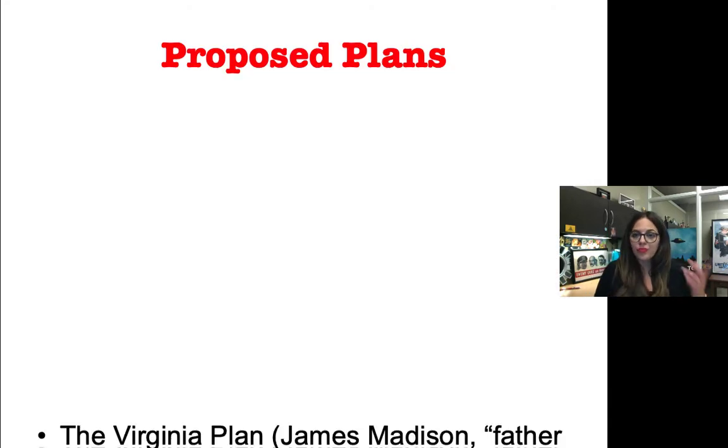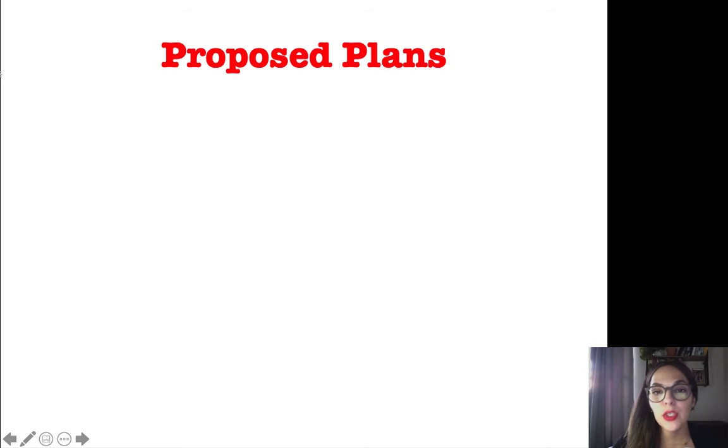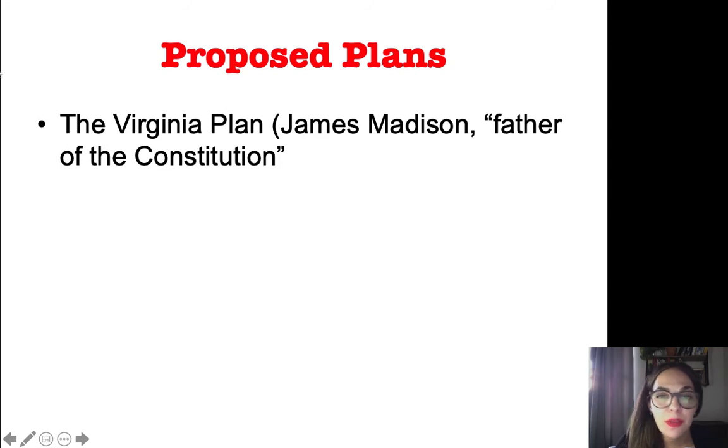So let's talk about the proposed plans at the Constitutional Convention. Right off the bat, James Madison, whom, by the way, we know so much about what went on in the Constitutional Convention because of his personal notes.